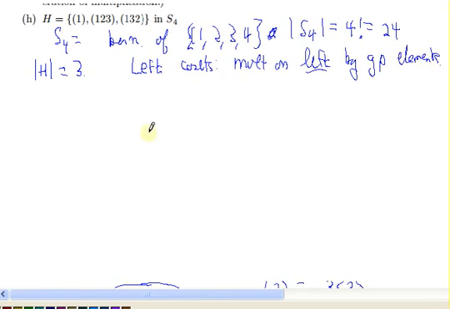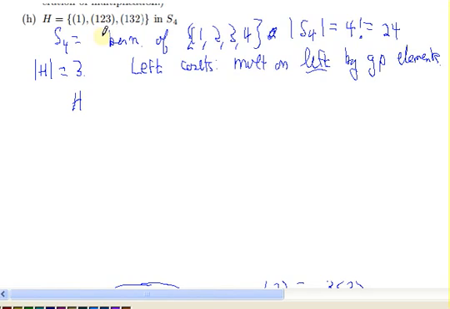So let's take H and multiply H by a group element on the left. Here we have 3 group elements. If I multiply H by one of these group elements within H, I'm just going to get H back again. That results from the property of closure of subgroups.